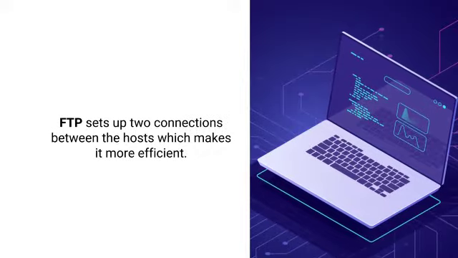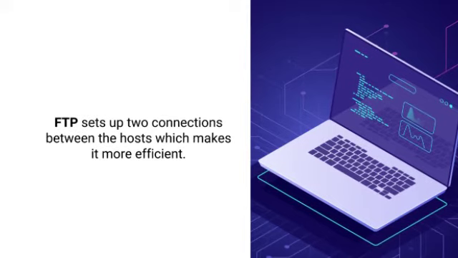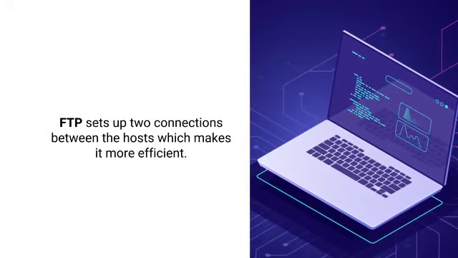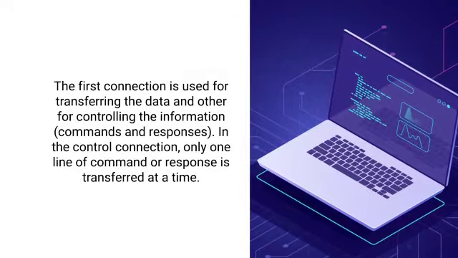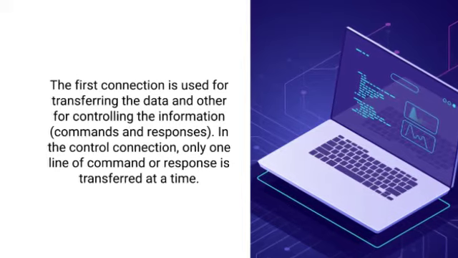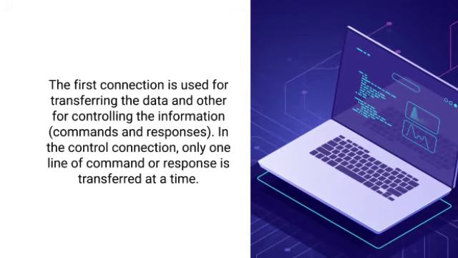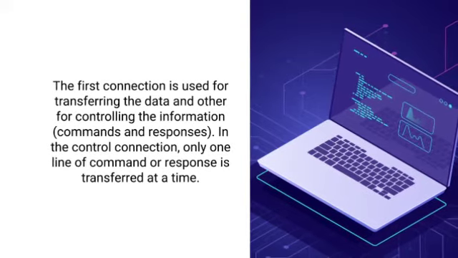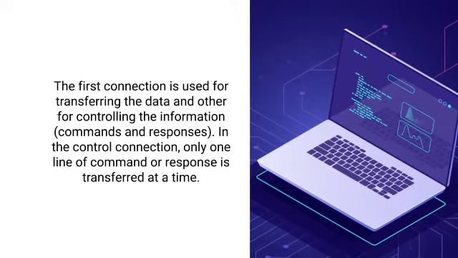FTP sets up two connections between the hosts, which makes it more efficient. The first connection is used for transferring the data and the other for controlling the information like commands and responses. In the control connection, only one line of command or response is transferred at a time.